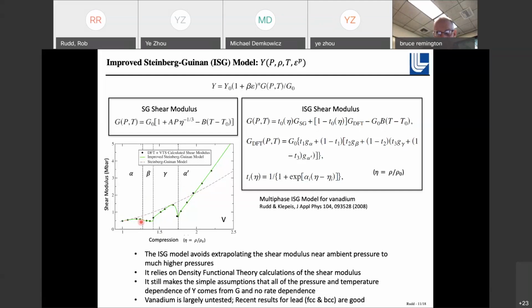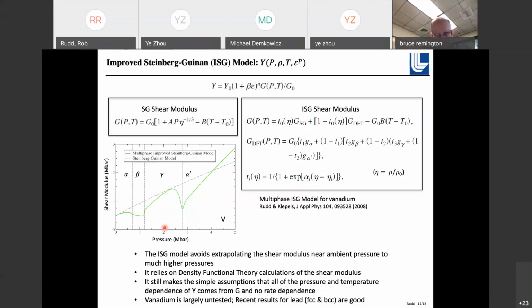Then you can combine them with some transition functions to get the shear modulus across a broad range of compressions. Here it really is expressed as a function of the density. But if you plot it in terms of pressure, it has a similar kind of structure where you get interesting things happening near the phase boundaries, where there's a kind of martensitic instability going on.